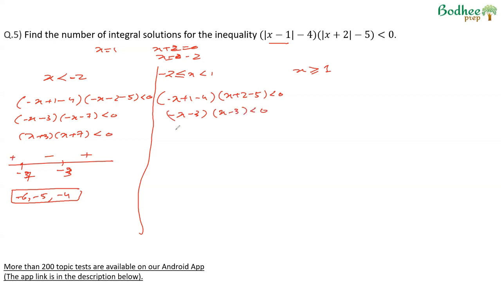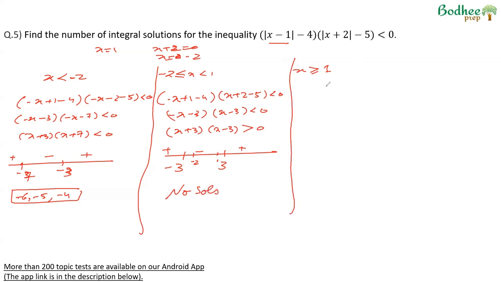Taking the negative sign outside, x plus 3 into x minus 3. Since we are multiplying with the negative, so the inequality sign reverses. The critical points will be 3 and minus 3. Positive, negative, positive. We are looking at the range minus 2 to 1. In this range, we can see the thing is negative, so no solutions in this range.